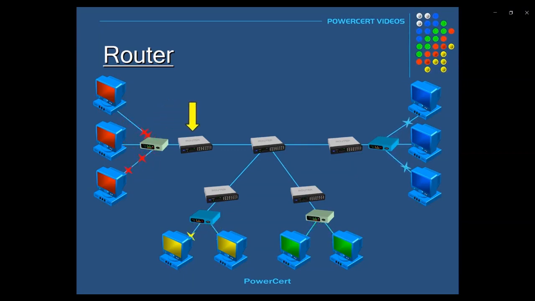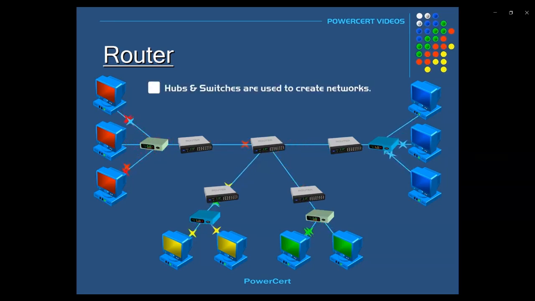Once the data packet reaches the router, the router will look at the IP address of the data packet and forward the data out on the internet to the next router, and then it makes its way to the blue network's router, and then to the intended destination computer. So in a nutshell, this is how routers work. In conclusion, hubs and switches are used to create networks, while routers are used to connect networks.